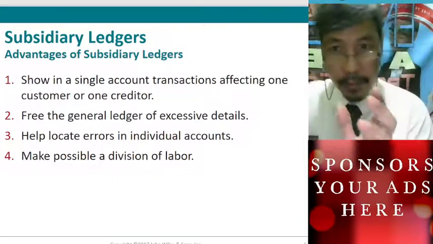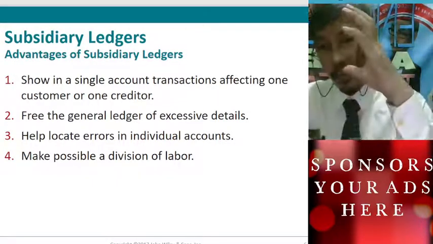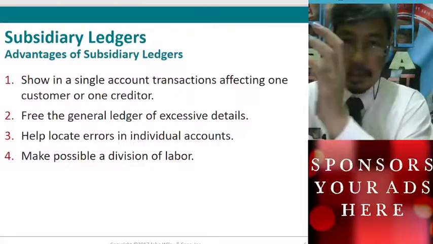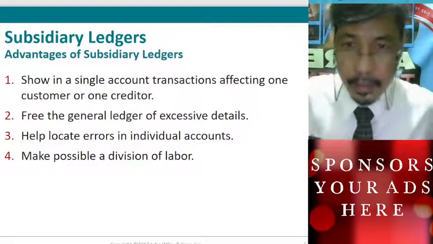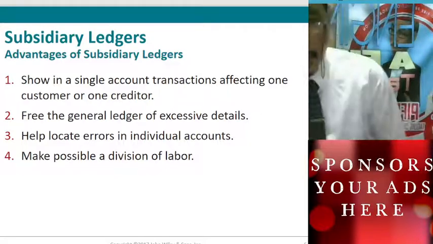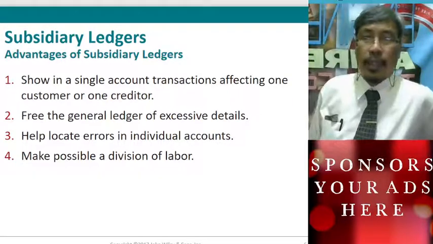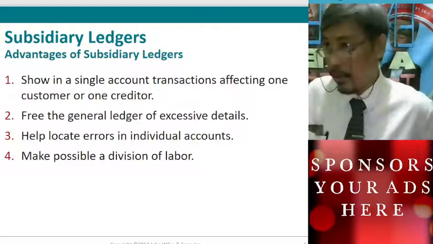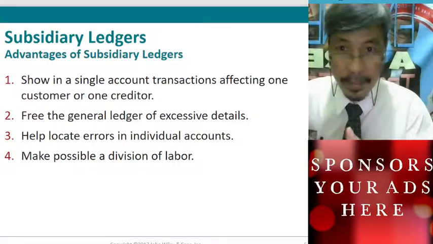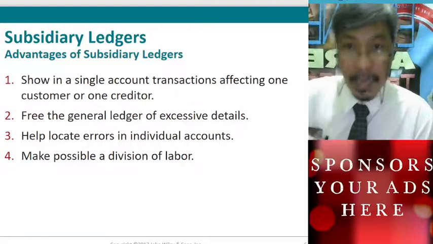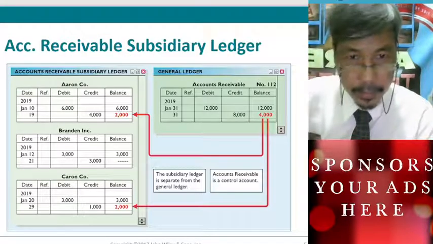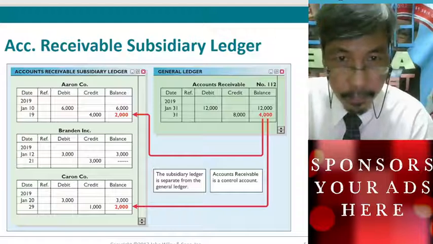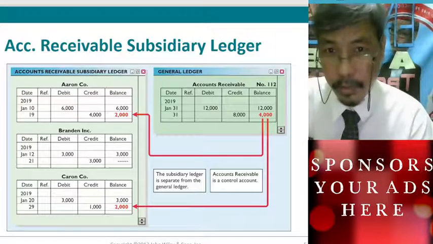So you have to keep track of a record with subsidiary ledgers, and you have to keep track of a record for the general ledger. So general ledger and subsidiary ledger. You have to keep a file of those accounts. So you have an account name, Aaron Corporation.